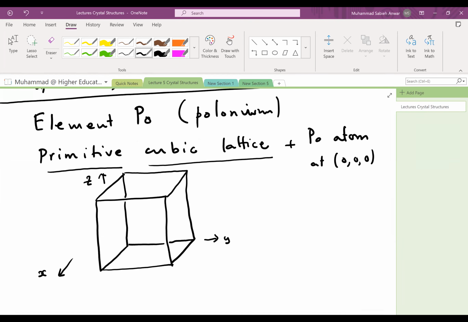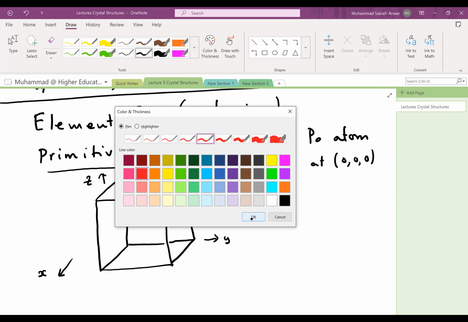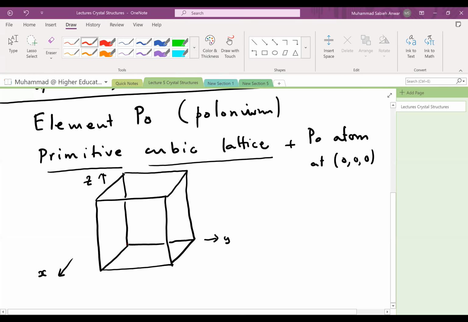One. There's just one point, and that one point is at the corner of the unit cell. And just for the sake of completion, I would like to identify this point over here, and I put a polonium atom here. Okay. So this is the unit cell of the crystal structure of polonium.